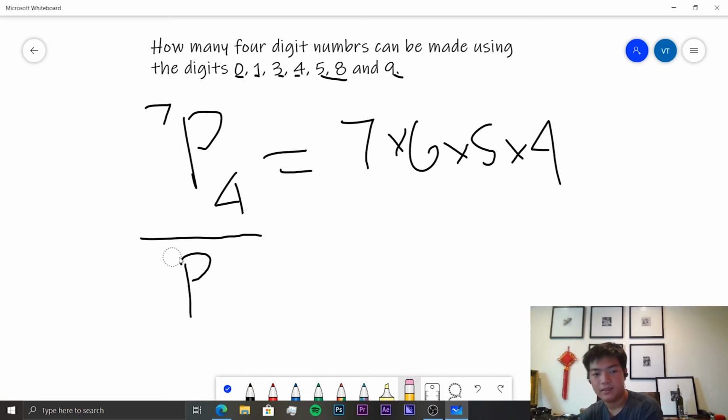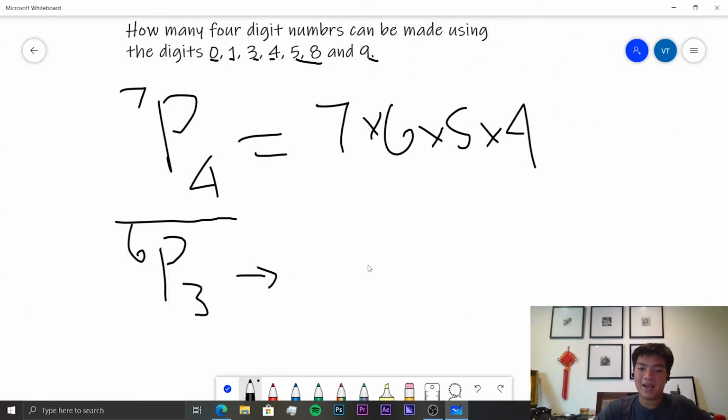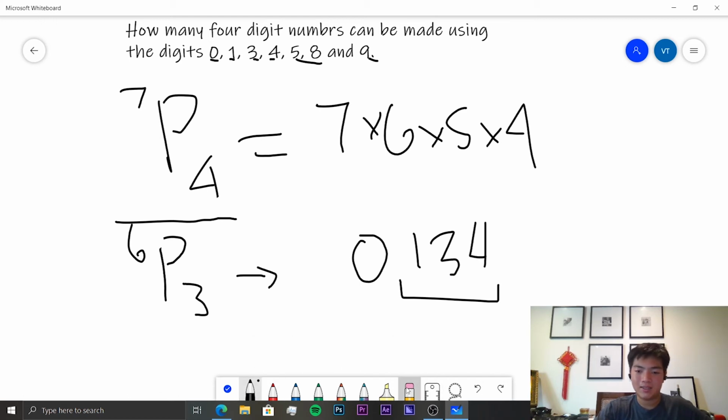The reason why we're dividing it by 6P3 is we need to count the number of cases where, say, we have picked 0 as the first number, we need to count the number of numbers that could be created from these 3 digits, and actually just subtract it, not divide.